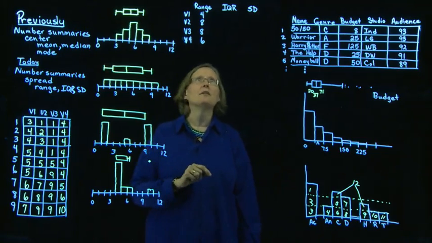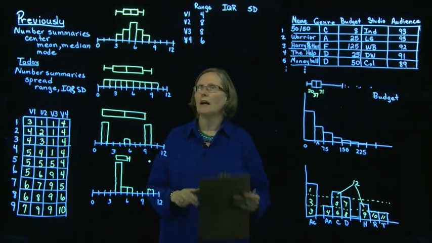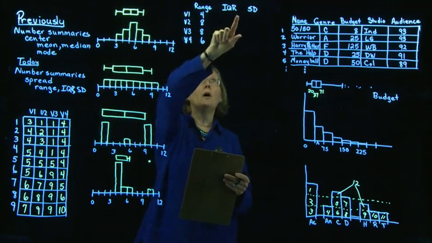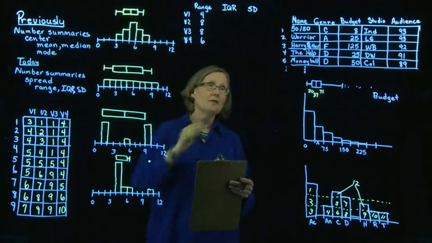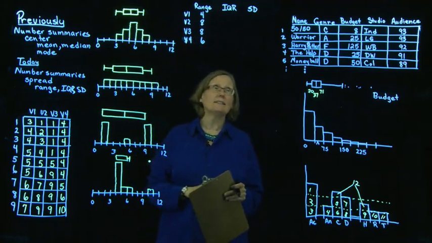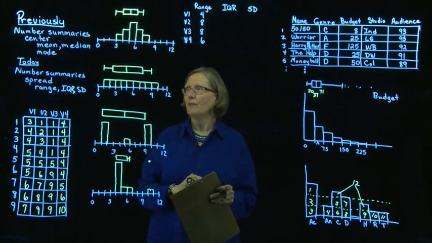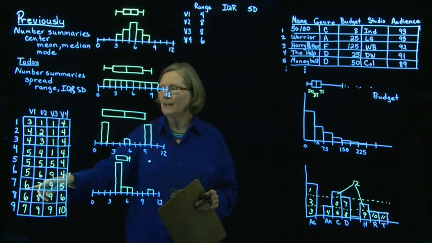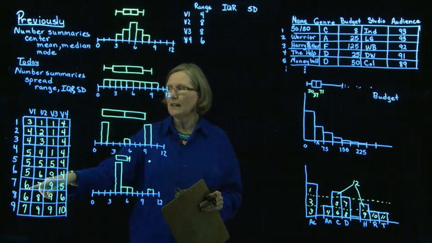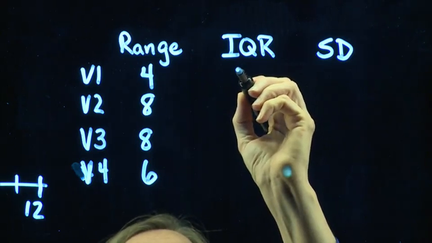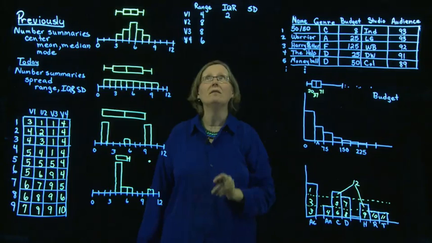A second measure of spread is called the interquartile range. I abbreviate it with IQR. Just like it sounds, it's the 75th percentile minus the 25th percentile. For our first variable, the 75th percentile was 6, the 25th percentile was 4, giving us an interquartile range of 2.